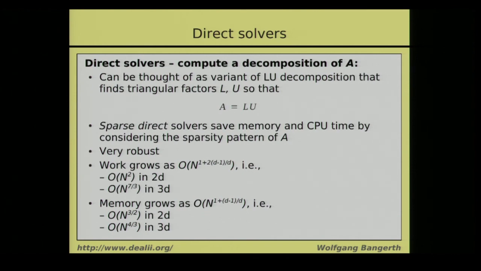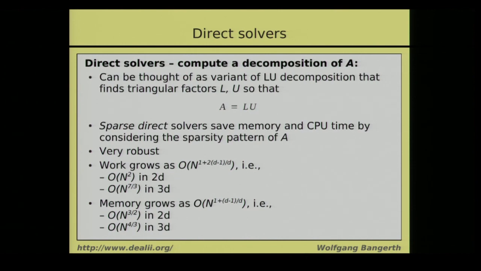Okay, so using the sparsity of these matrices helps you to save 1 power of n in the amount of work in 2D. In 3D, this looks a little bit different. In 3D, it's n to the 7 over 3. I don't want to go into the details why that is so, but it's not all that difficult to understand where that comes from. It's basically because the bandwidth of matrices in 3D is much larger than in 2D.